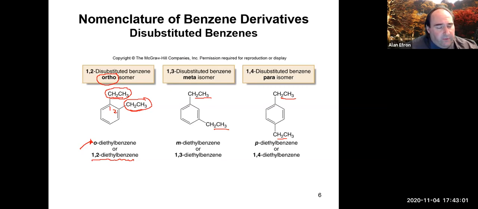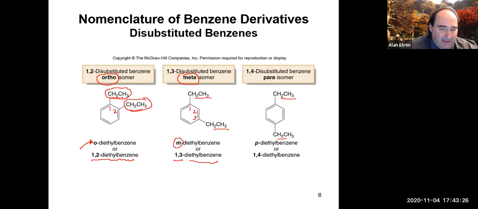So if you see O or ortho in front of a name, that represents the 1 and 2 positioning of those groups around a benzene ring. Here we would have 1, 2, and 3, giving us 1,3-diethylbenzene.